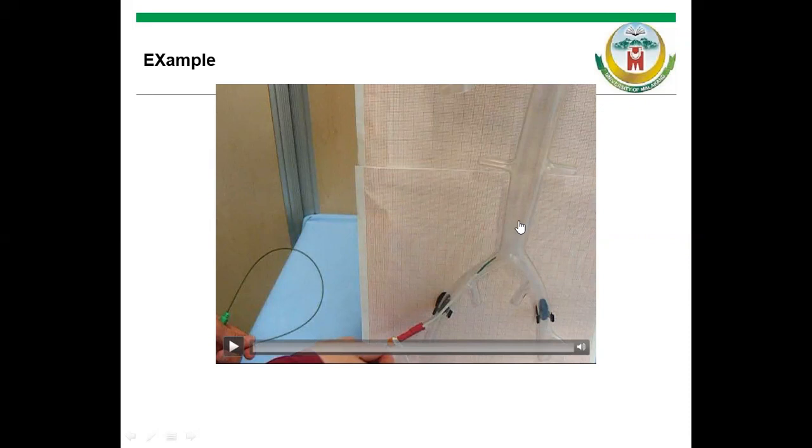What is simulation? We are copying the original procedure through some models. This is a model, and we are performing the physical process through alternate ways. Here we are replacing the original procedure with this physical model and this original wire.